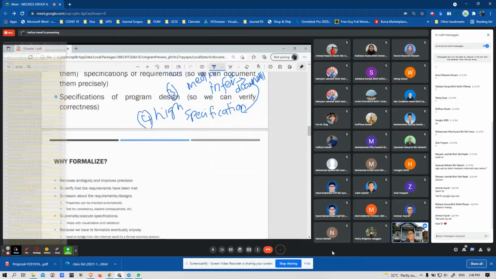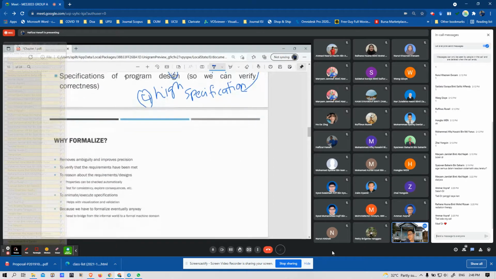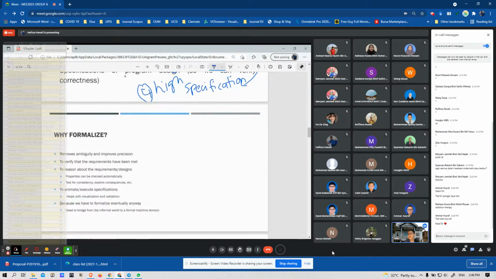Why must we formalize? You can read this. First, it removes ambiguity and improves precision, because we are modeling a lot of safety critical systems.